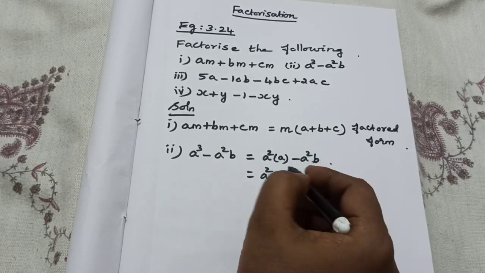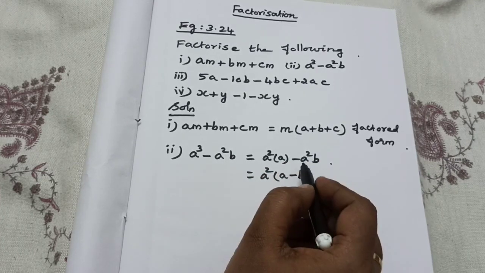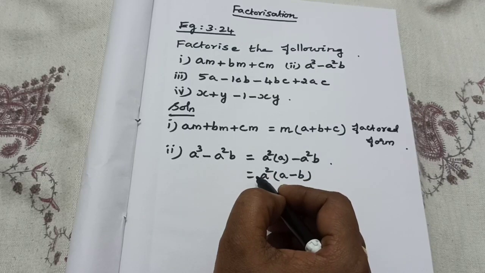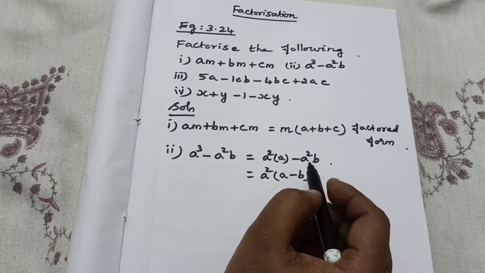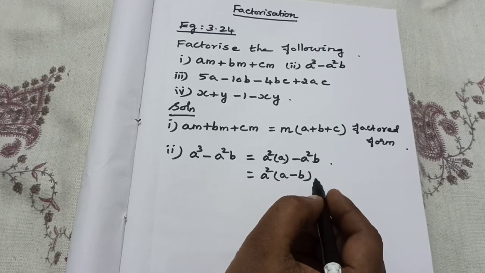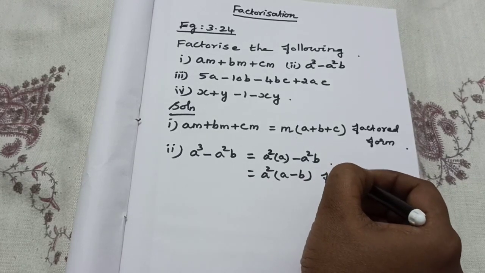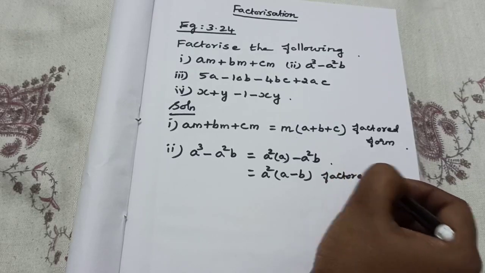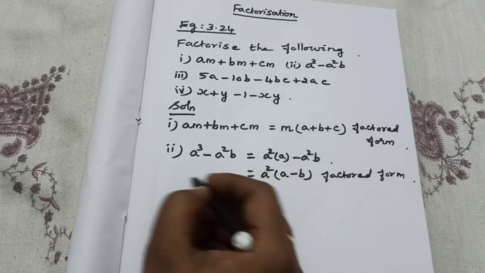A square we took outside, remaining A minus B. So this is the factored form. Then third one.